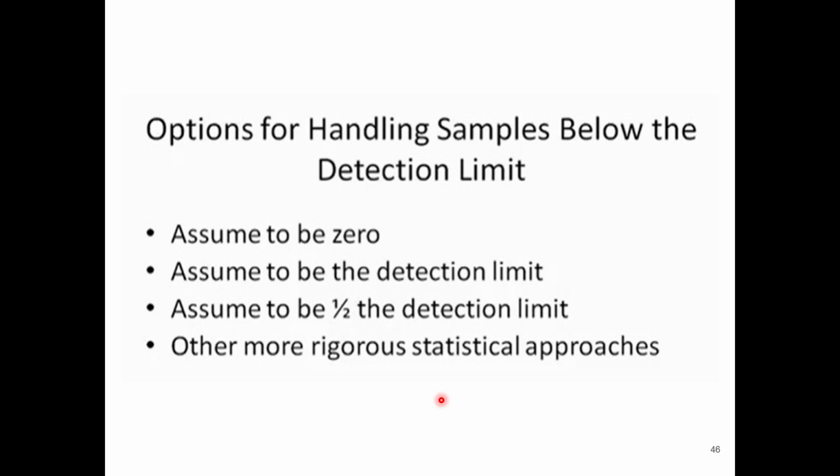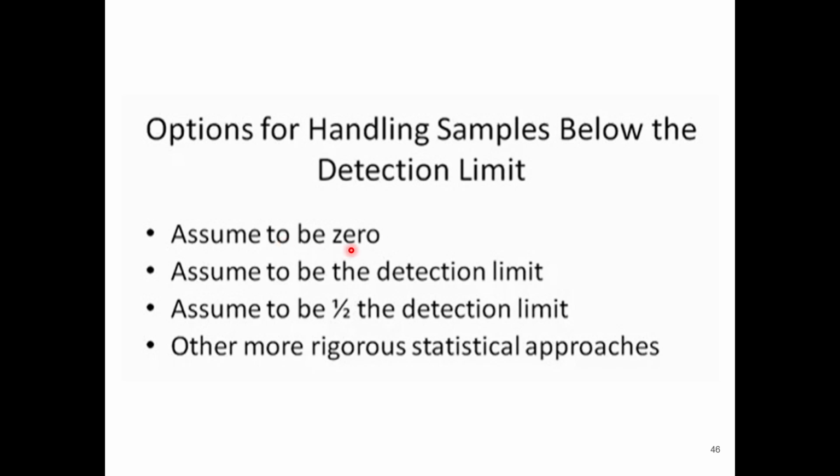Therefore, it is very important to handle those samples whose values are below the detection limit. So what are the options for handling them? Basically there are four ways. One is to assume the value to be 0. For example, if the detection limit is 5.17 milligram per liter and we get a value of, say, 1 or 2, let us assume it to be 0.